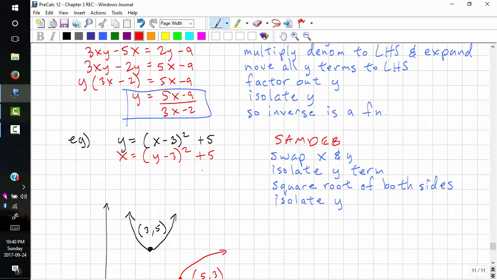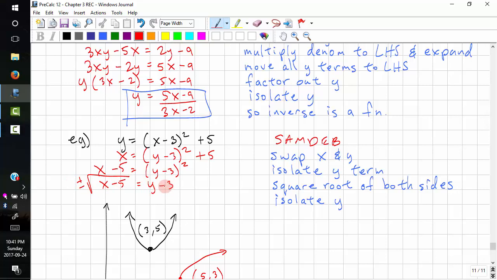That means we do the addition and subtractions first. So this is done first. x minus 5 equals y minus 3 squared. Now we do the square root next, and that's an exponent, so that comes before brackets. So square root of x minus 5, this becomes plus or minus.